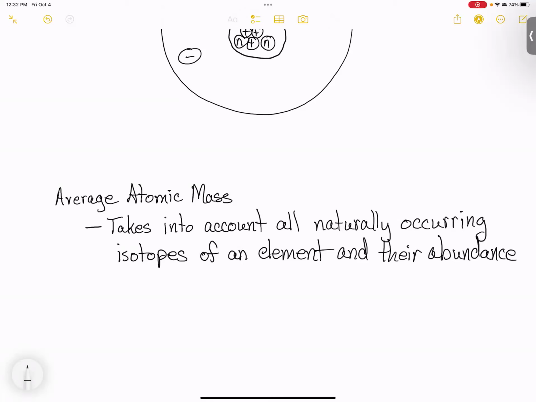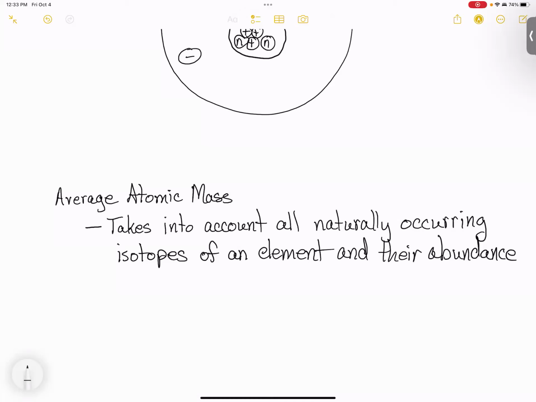But carbon itself, what you see on the periodic table, is, number one, the atomic number. The atomic number for every carbon is identical. It is 6 because it has 6 protons, and the protons determine the identity of the element. So it stays constant. The symbol stays constant.